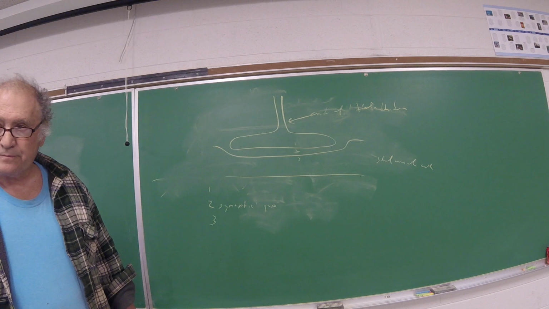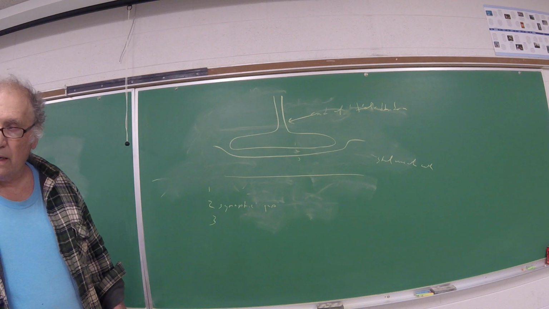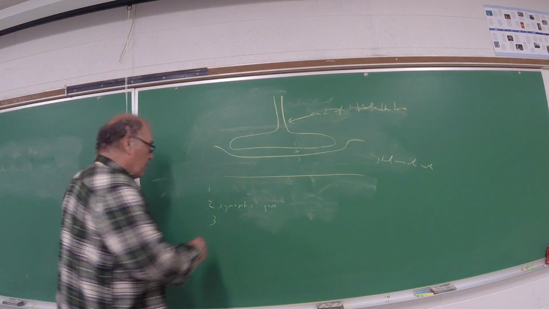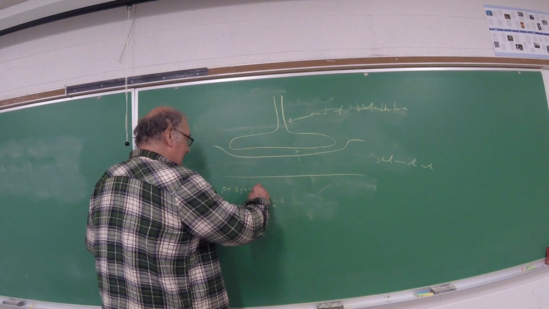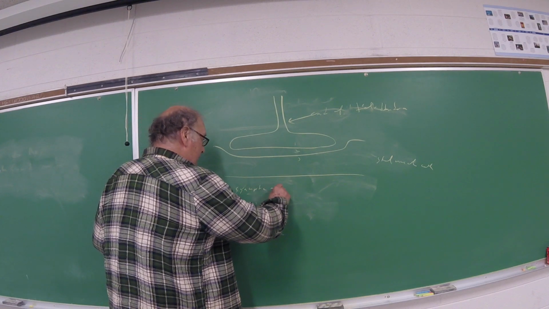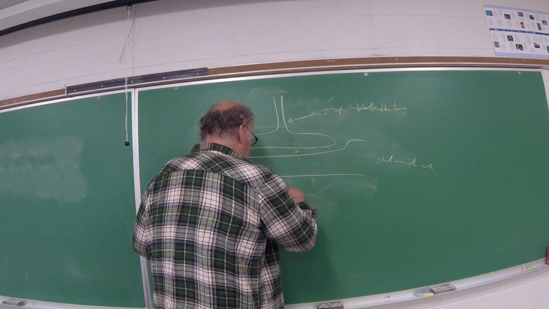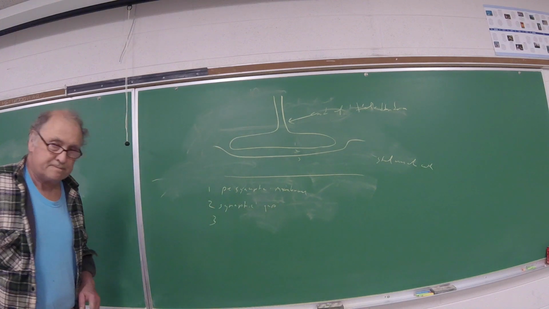Synaptic gap. Now there's a membrane in front of that called the presynaptic membrane. The membrane in front of the synapse is the presynaptic membrane. P-R-E S-Y-N-A-P-T-I-C membrane. M-E-M-B-R-A-N-E, presynaptic membrane.